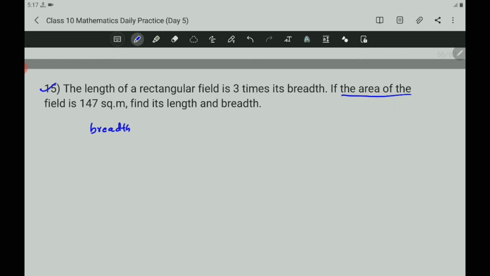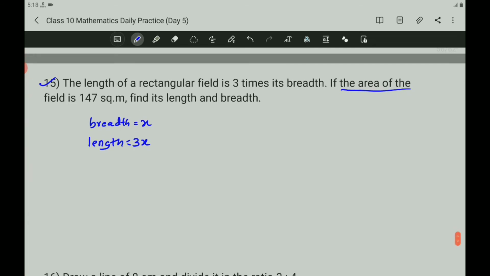Also you can take y, or otherwise you can take b also. So here let us take x. Then length becomes 3 times the breadth, means that becomes 3x. If the area of the field is 147, find its length and breadth.